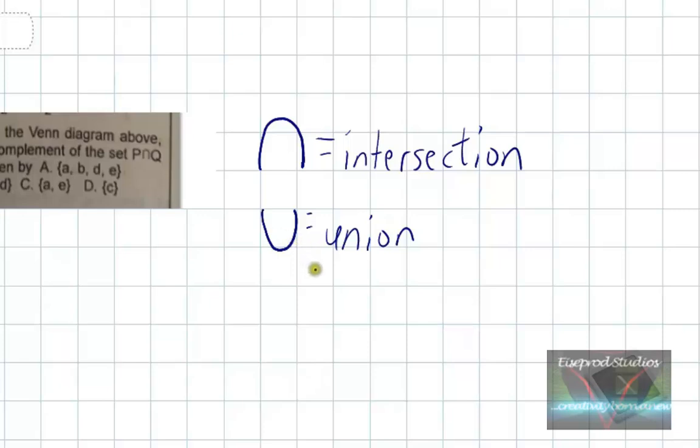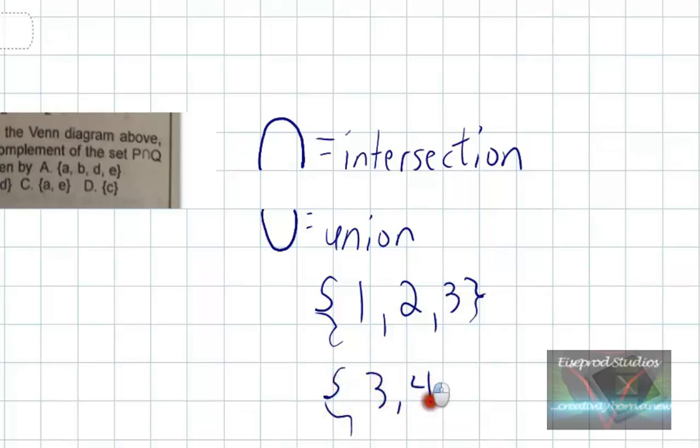And so let's say I had two sets. And the first set consisted of the numbers 1, 2, and 3. And the second set consisted of the numbers 3, 4, and 5.